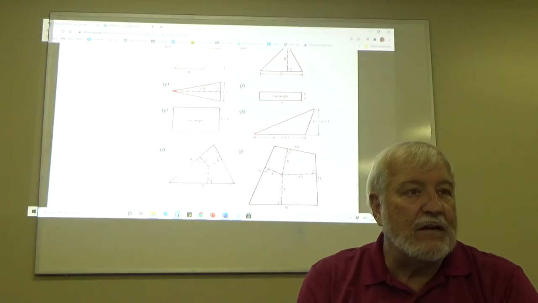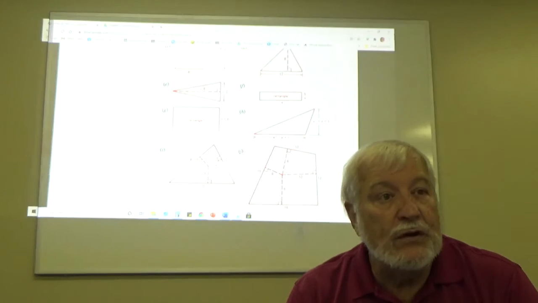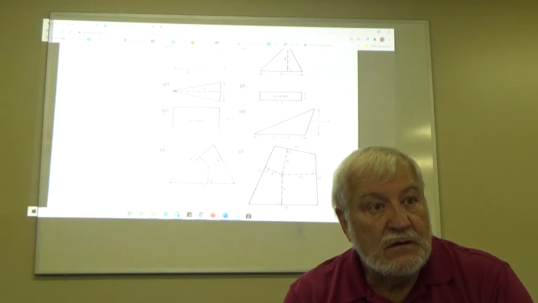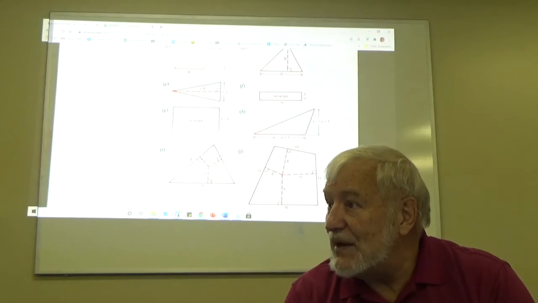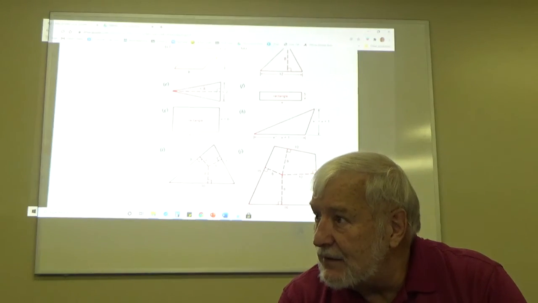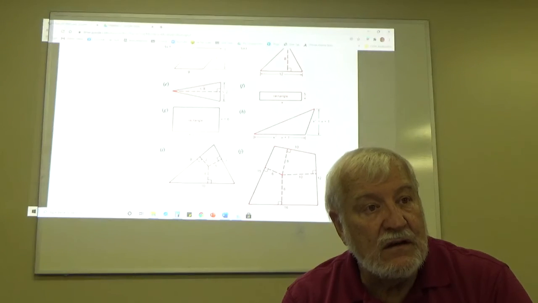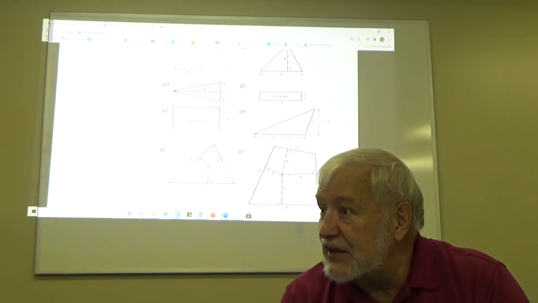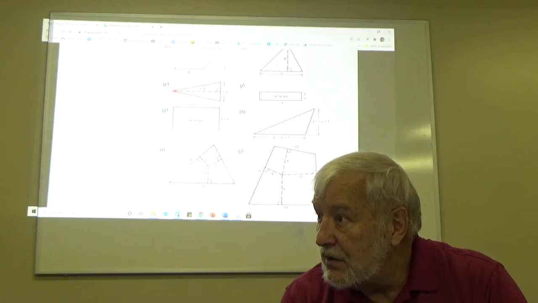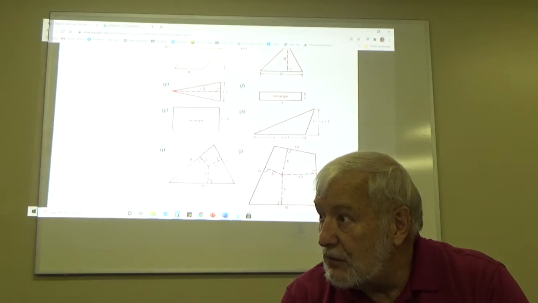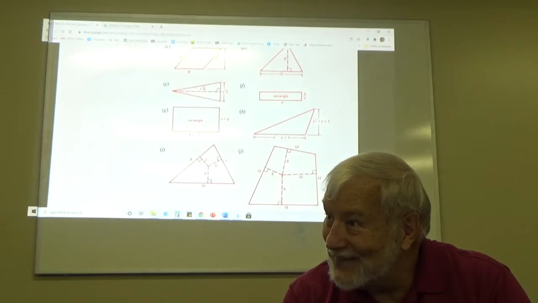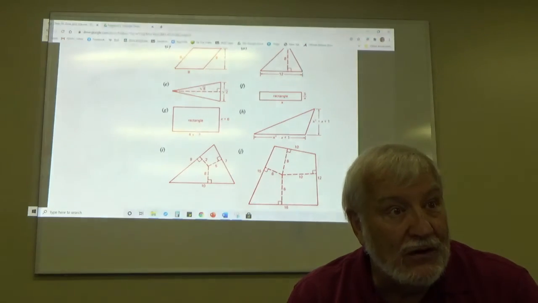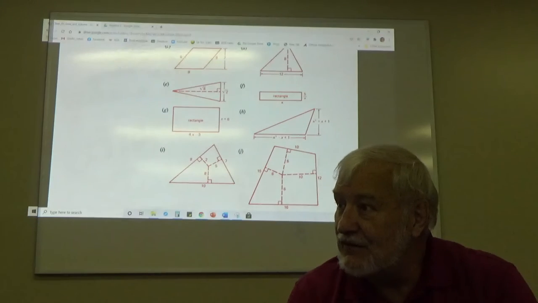What numbers do you multiply on F? You have to multiply base times height, right? What's the base of that? x. What's the height? 5x. So when you multiply those together, what happens? You get a number. Won't the x's cancel? Yes. So what's left? 5. Okay.